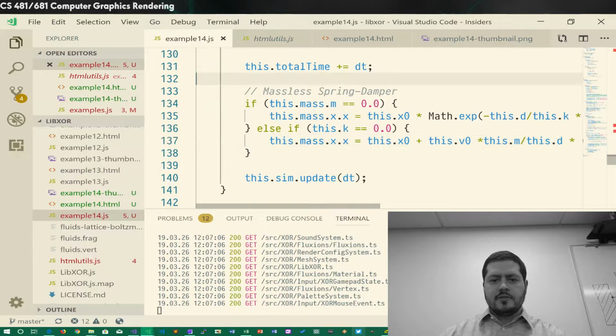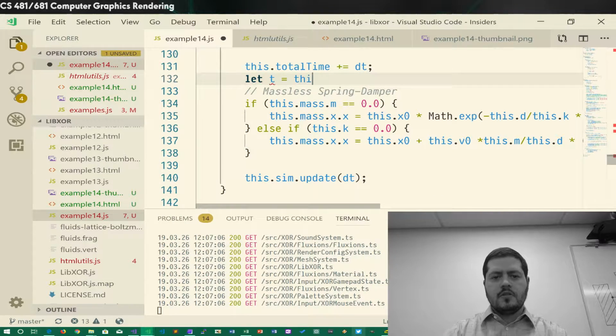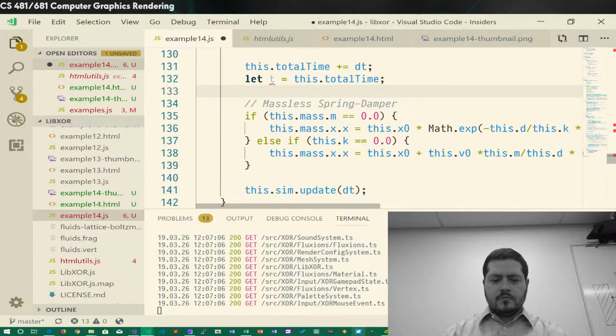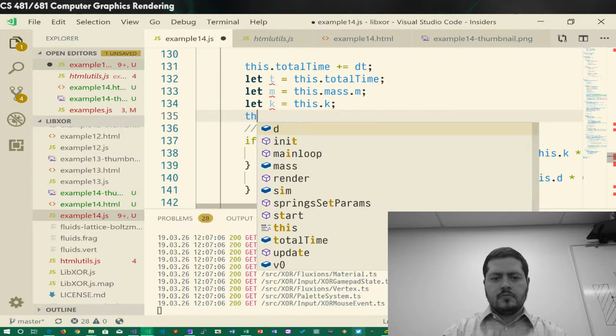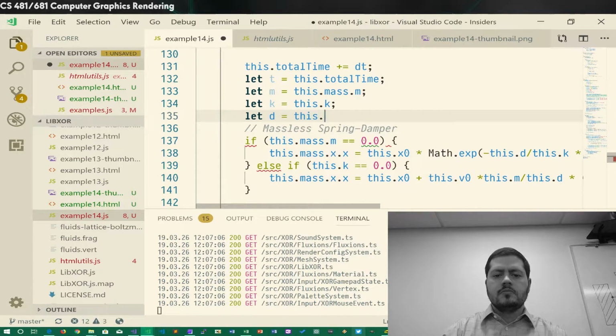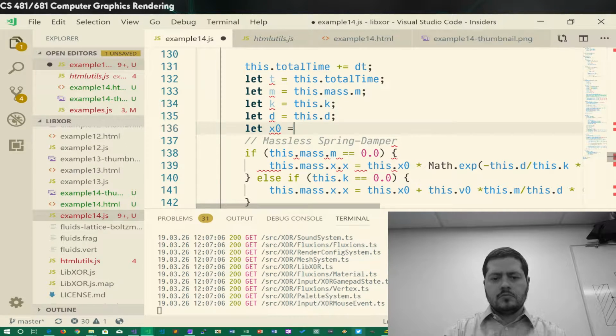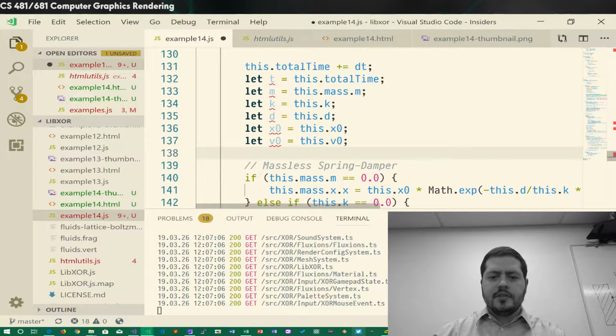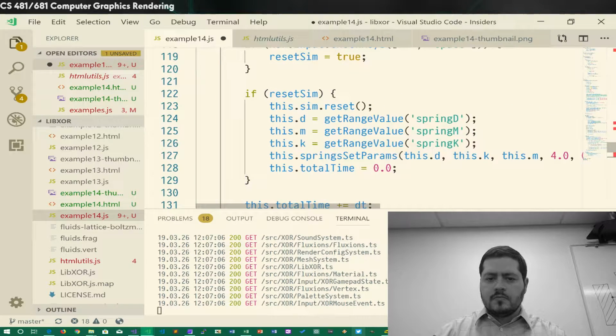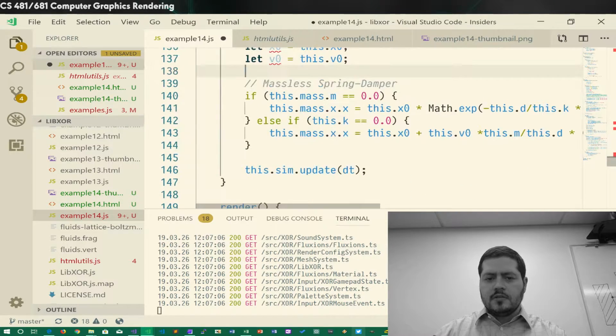This makes this kind of stuff easier to test, I feel like. This dot m, this dot k. Oops.